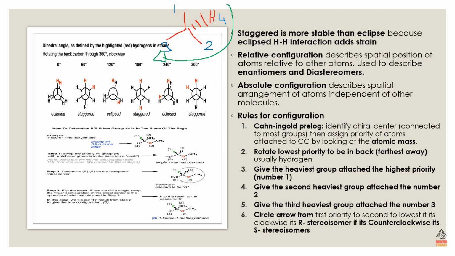But if it was the other way, here's 2, 3, and then you go this way, that's an S isomer. If it's counterclockwise, it's an S isomer.